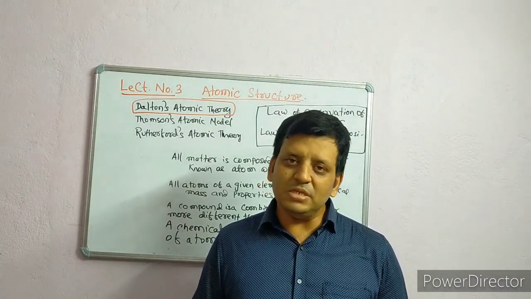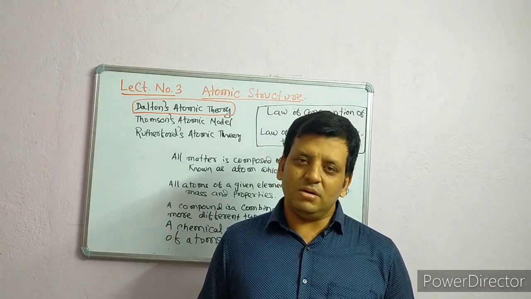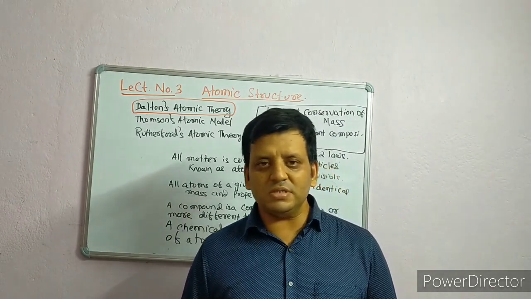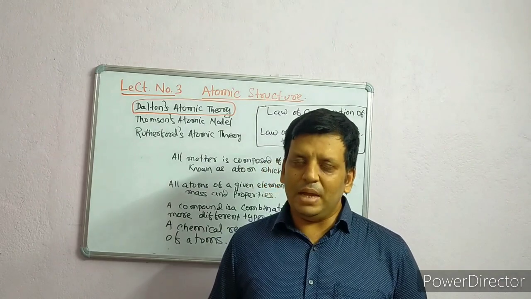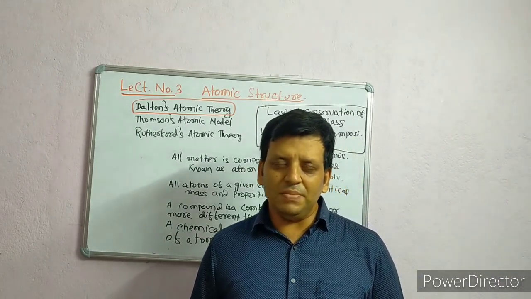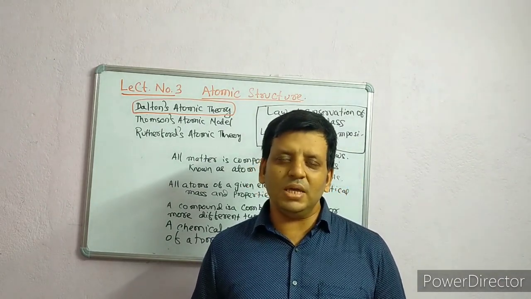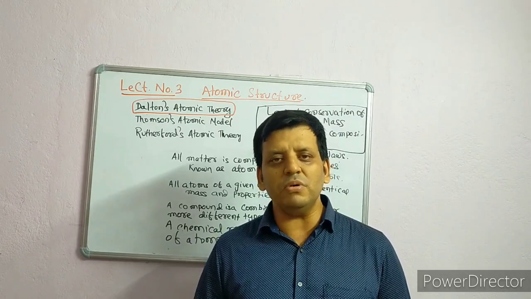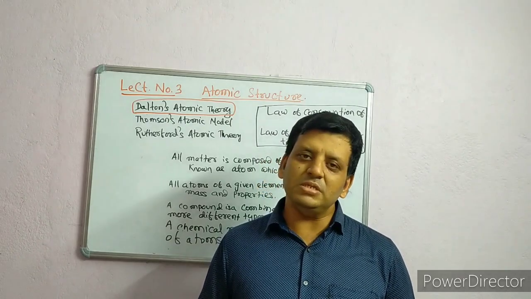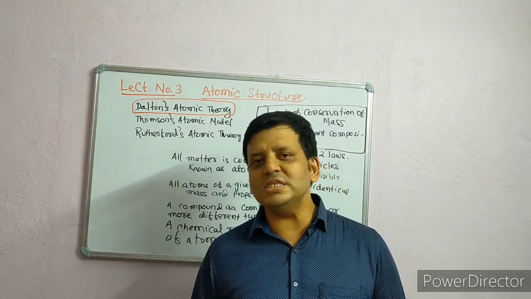So we can say that the law of conservation of mass says that matter cannot be created nor destroyed, but it can be converted from one form to another, by means of any physical or chemical change.